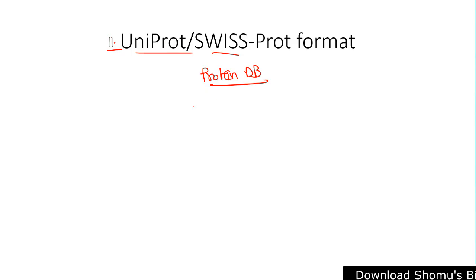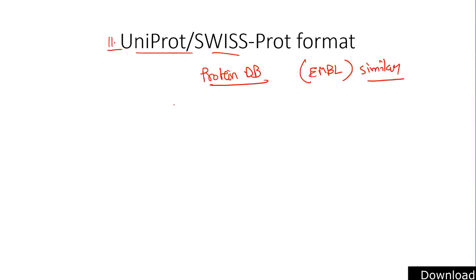For the standardization purpose, the Uniprot or Swiss-Prot, if you look at as closely as possible to that of the Embl format, very similar to that of the Embl format, similarity is there, but little difference is also there. For example, in this case there is a line called GN line. Gene name contains the name of the gene, and also, obviously it's for the protein, so name of the gene which actually translated to the protein.